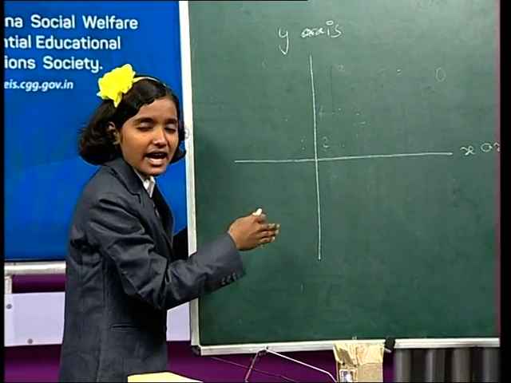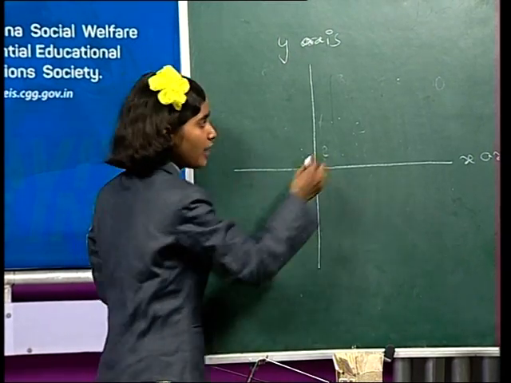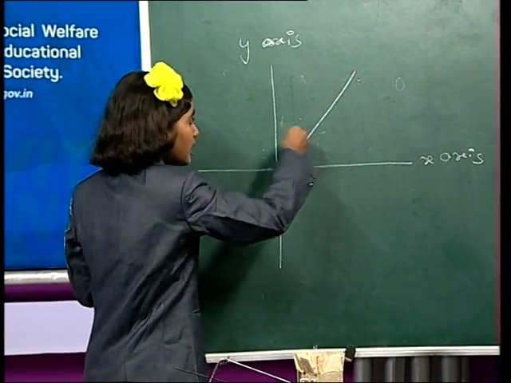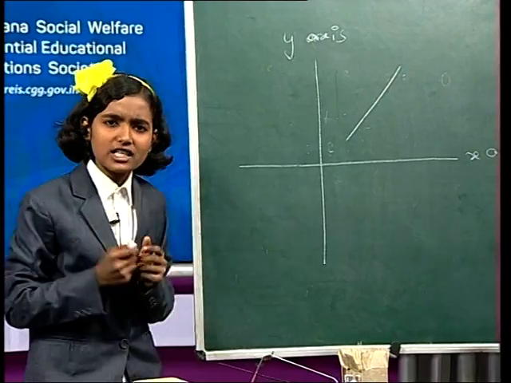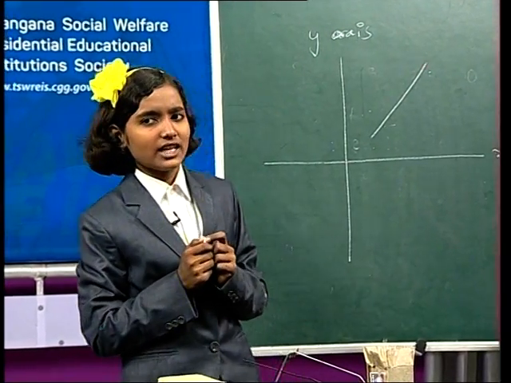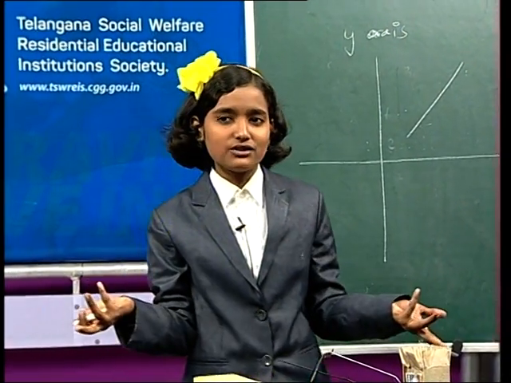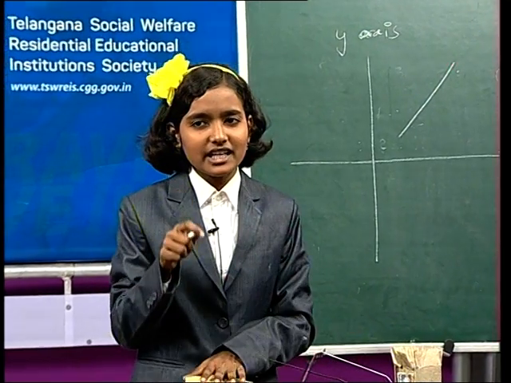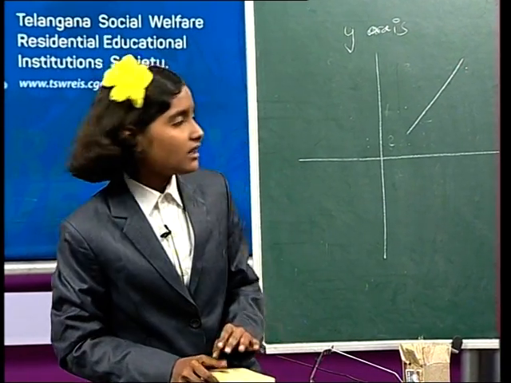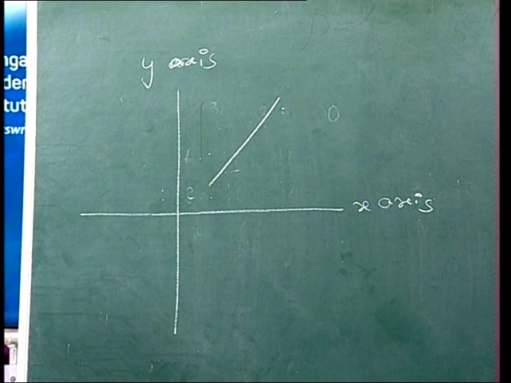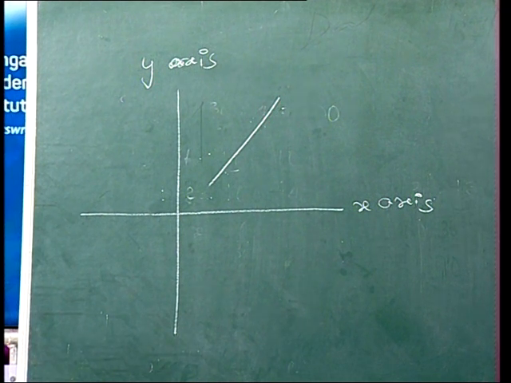When we draw a line in this graph, it is a straight line. So what is meant by a straight line? It is also called linear. So the linear expression is called what? What is a linear equation? Do you know? No. So here, if you know, answer me, friends.